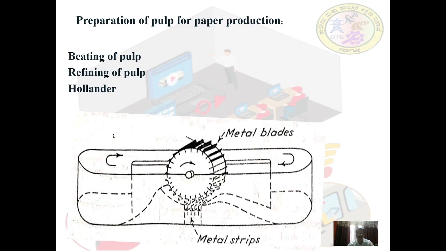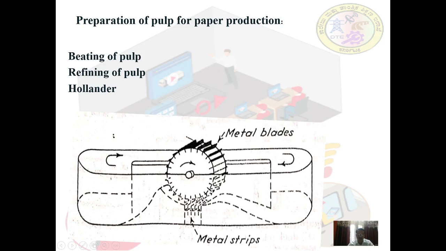So it forms a channel. When pulp is fed into this, the pulp circulates through this channel and passes through the gap between the dead plate.